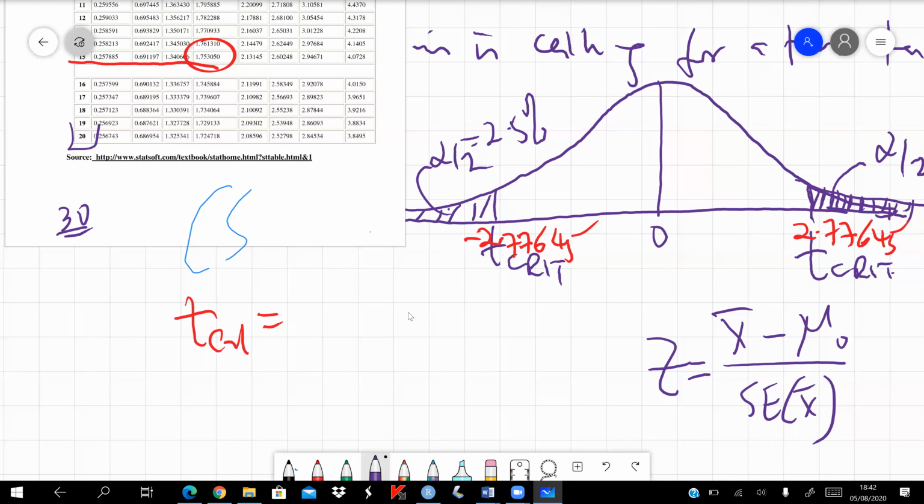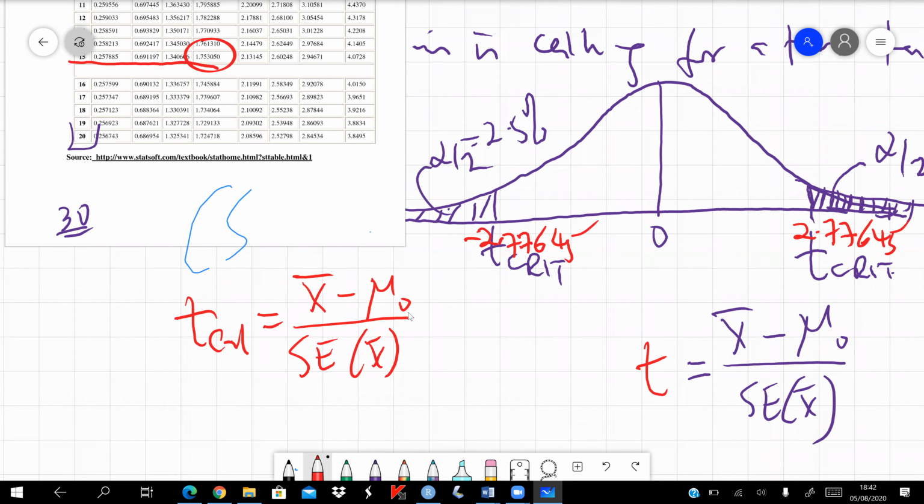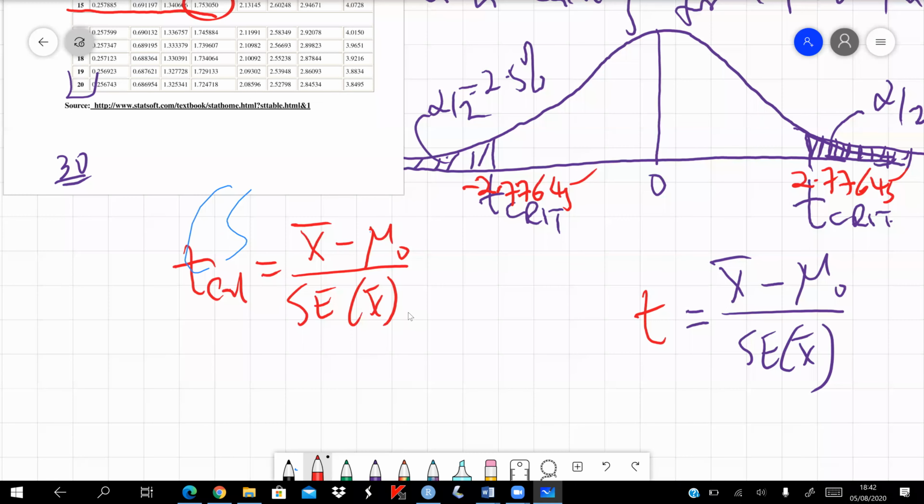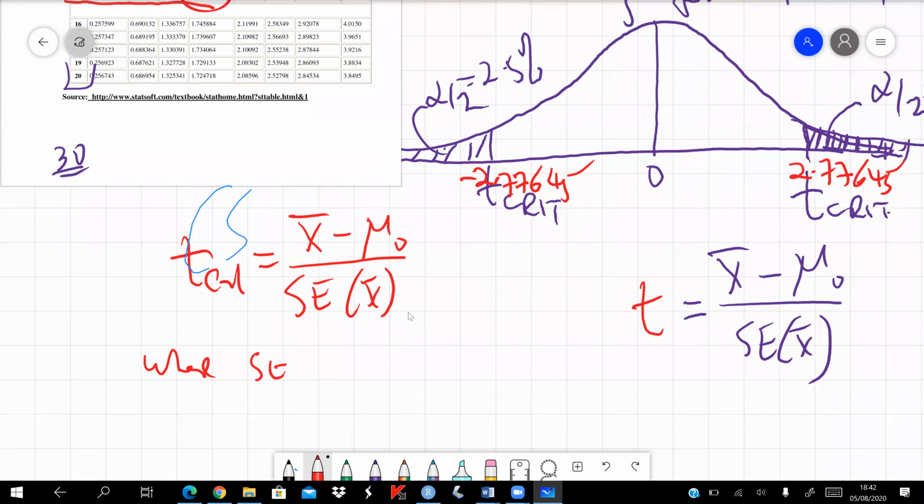We just change the Z to T. So this will be X bar minus mu naught over the standard error of X bar, and in this case, instead of sigma, it will be S over root n.